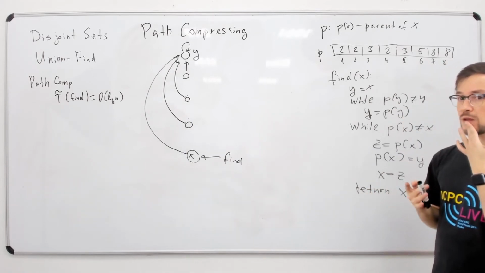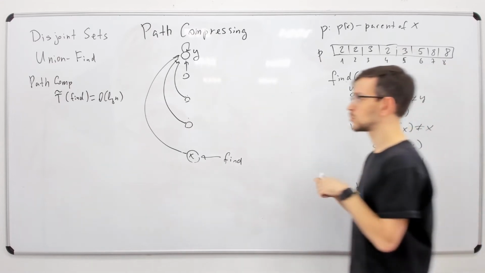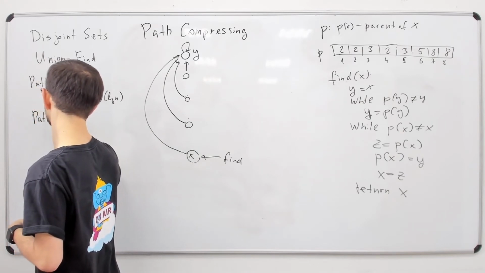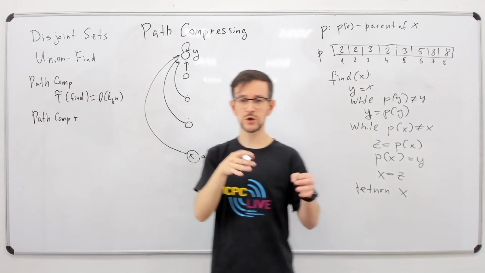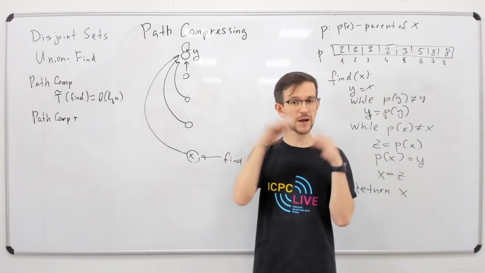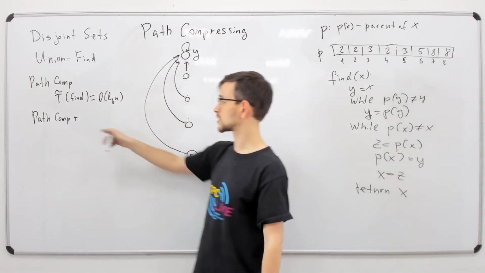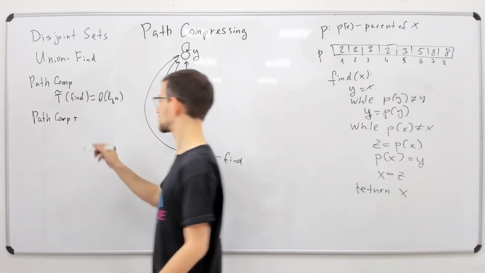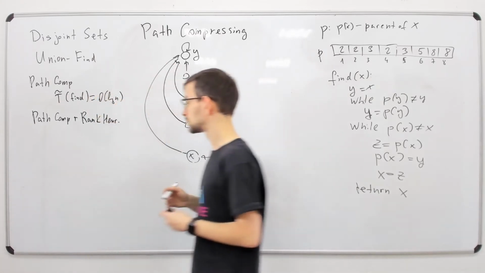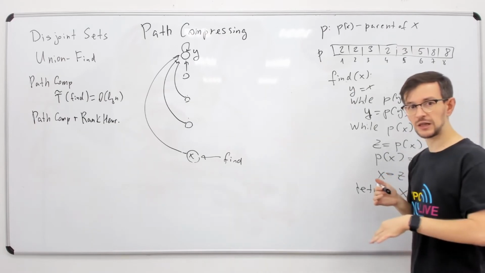And the more interesting fact is that if you use both heuristics, so if you use path compression and some other heuristic which maintains your tree balanced, like we did with the rank heuristics, so if you use path compression plus rank heuristics, the time will be even less than logarithm.